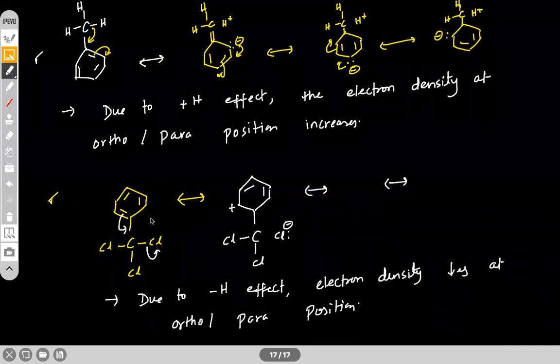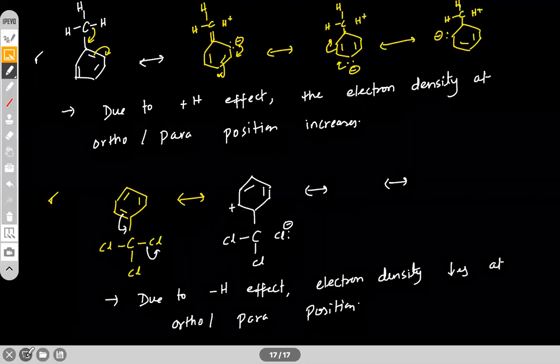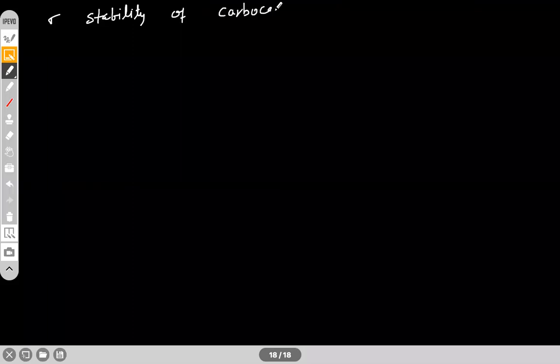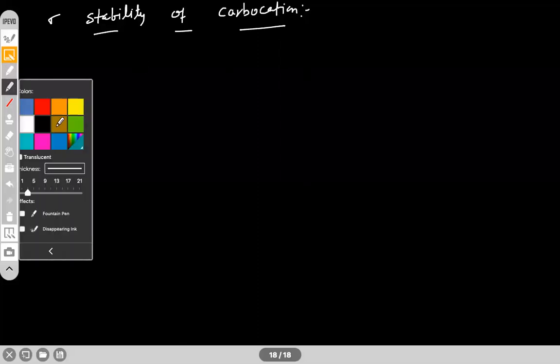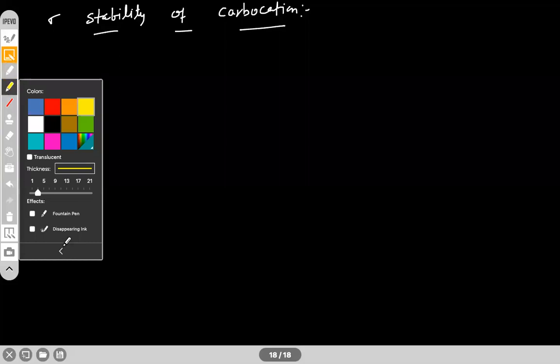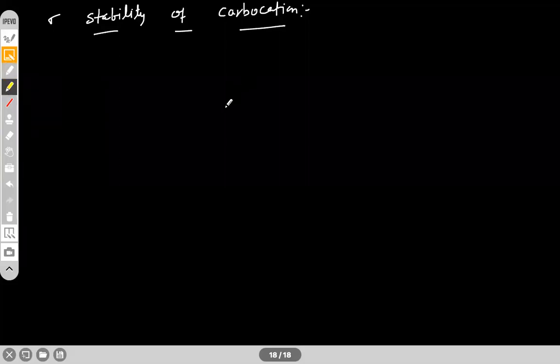Okay. Now, again you write down the stability of carbocation. Now we are looking at all the effects, whatever we have discussed so far. So stability of carbocation is, you have to follow this order, right?